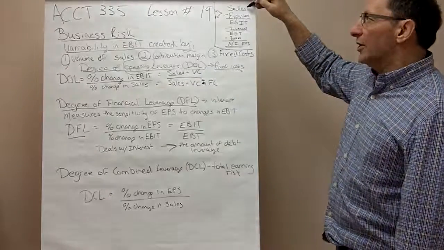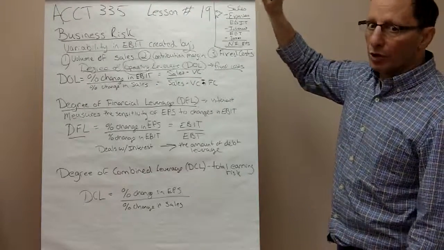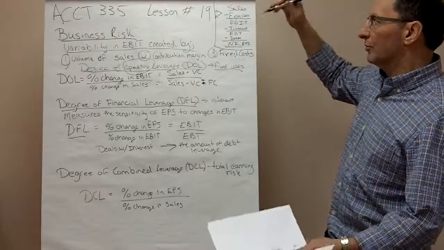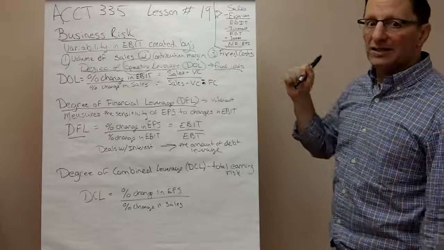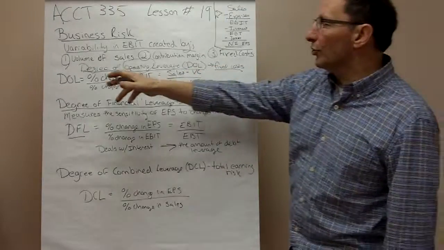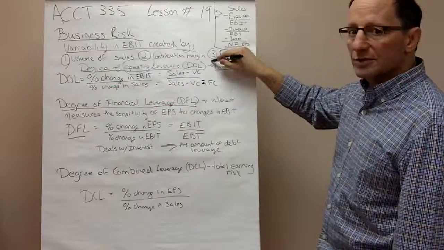Because sales and variable costs are the same per unit, it's the fixed costs that are going to change that EBIT in percentage terms. So therefore, your degree of operating leverage hinges on fixed costs.